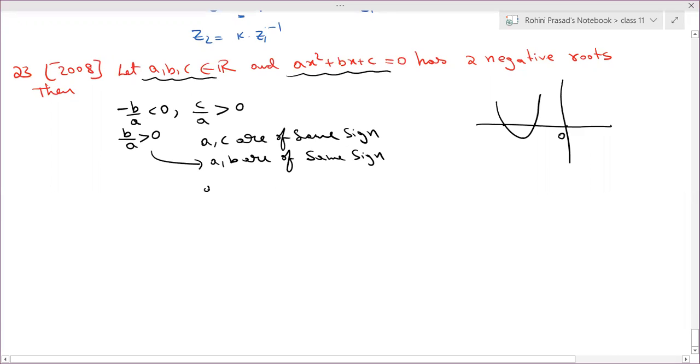So basically, you got all A, B, C are of same sign. Let us see if any option says that. Yes, the first option says A, B, C are of same sign. Second option, A and minus B and C are of same sign. Third option says A, B and minus C are of same sign. And fourth option says A and minus C are of same sign. So out of those, we can pick the first option, A, B, C are of same sign.